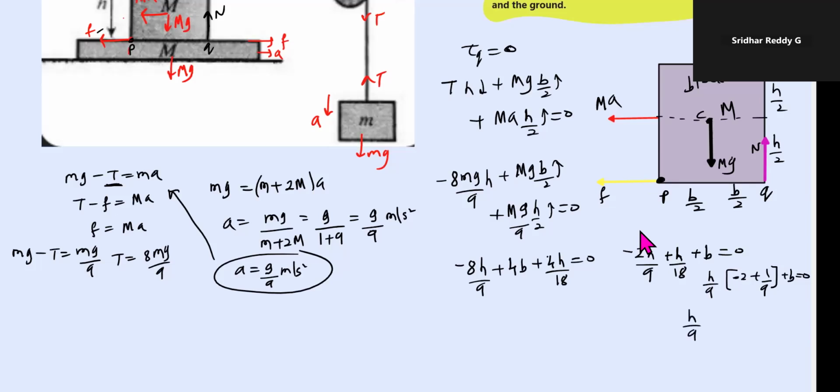This will be h by 9, minus 4 plus 1 is minus 3 by 2. Minus h by 6 plus b equal to 0, it is asking to get the value of h by b equal to 6.